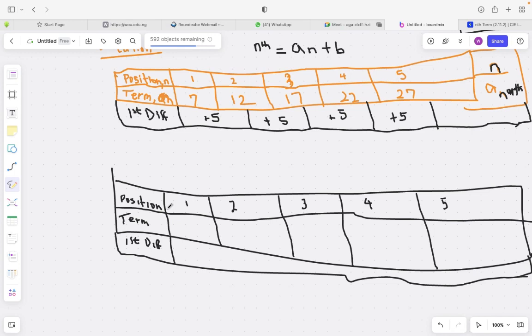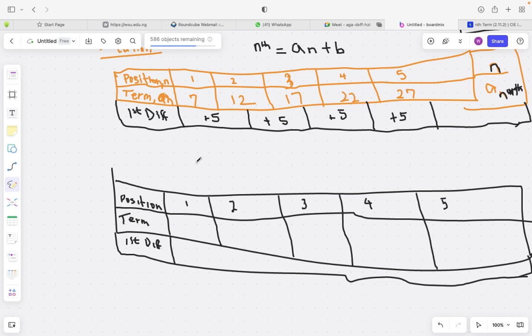Now here, remember, we're going to use the formula to fill the term. We're not going to write the terms 7, 12, 17, 22, 27. We're going to use a formula.